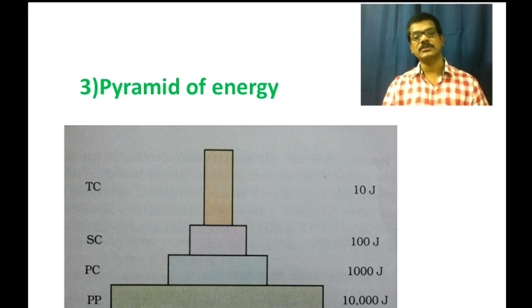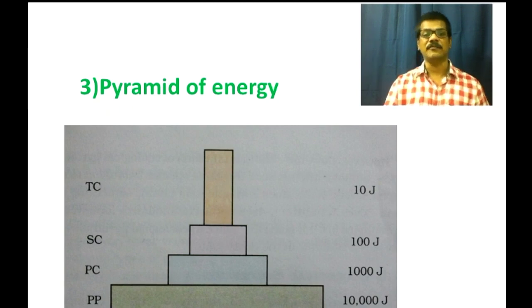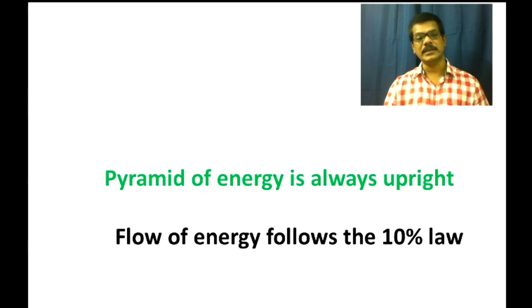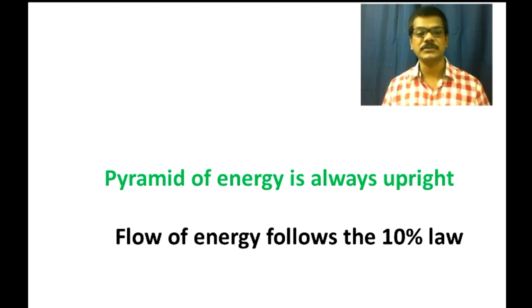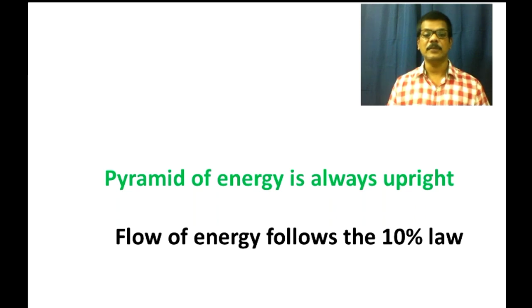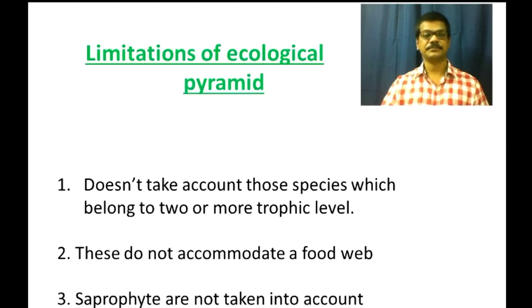Only 10% of the energy of a trophic level is transferred to the next trophic level, whereas 90% of the energy will be lost in the form of heat to the surroundings. When compared to the pyramid of number and the pyramid of biomass, the pyramid of energy is always upright because it follows the 10% law as we have studied earlier.